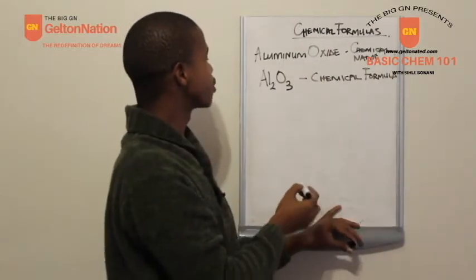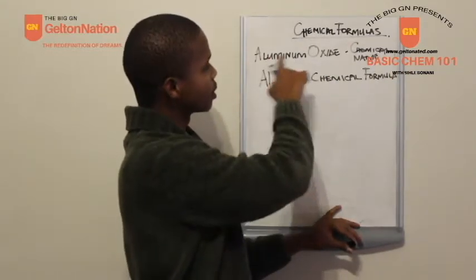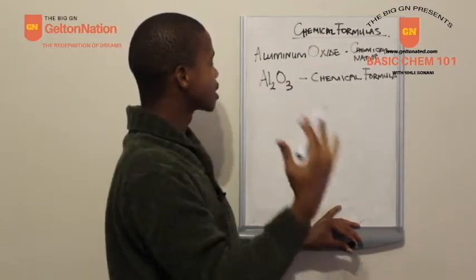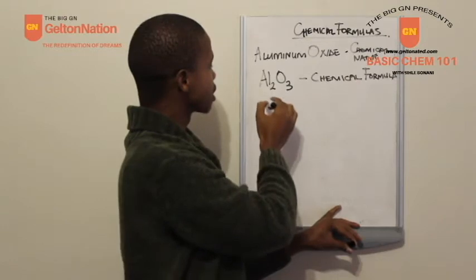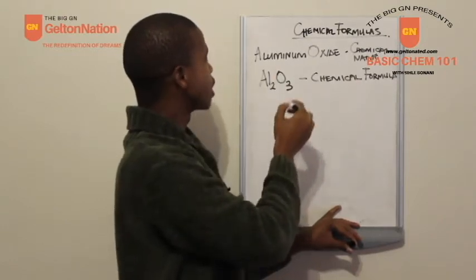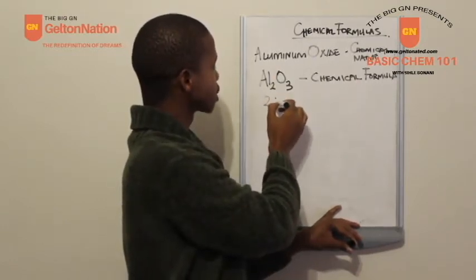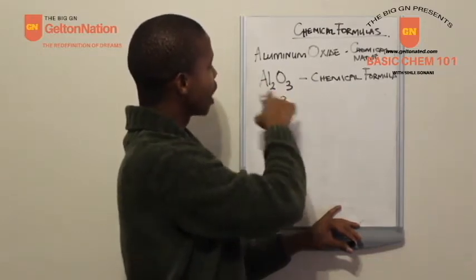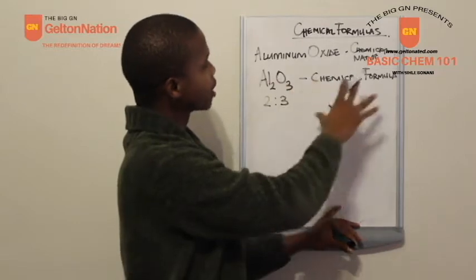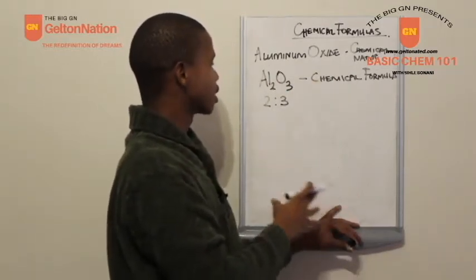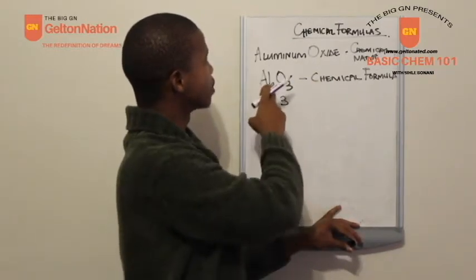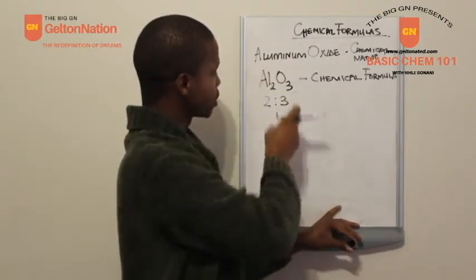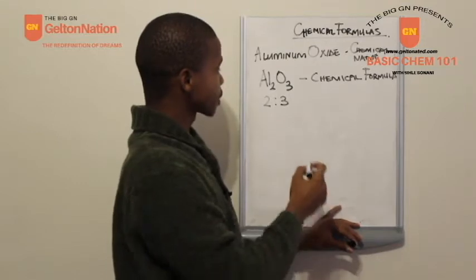So a chemical formula is a notation of these atoms with numerical subscripts. So it means the ratio of aluminium to oxygen is 2:3 for aluminium oxide. So a chemical formula is that notation where you have your numerical subscripts of the atoms in a compound.